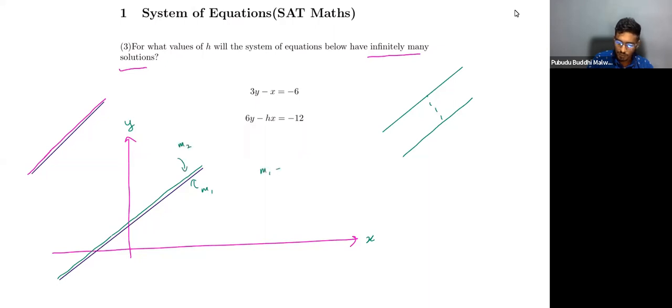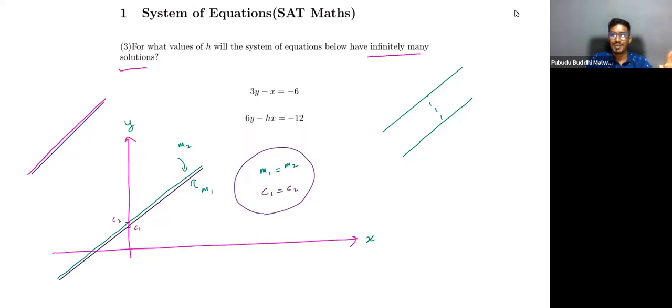M1 should be equal to M2, and also, more importantly, the y-intercepts. That's very important. Let's say C1, C2. There can't be a gap between C1 and C2. Hence, C1 should be equal to C2. This is the requirement to get infinitely many intersection points, which means infinitely many solutions.